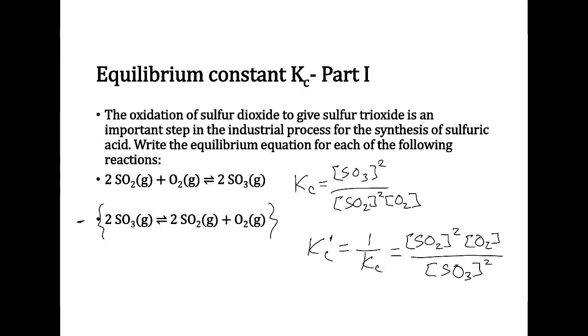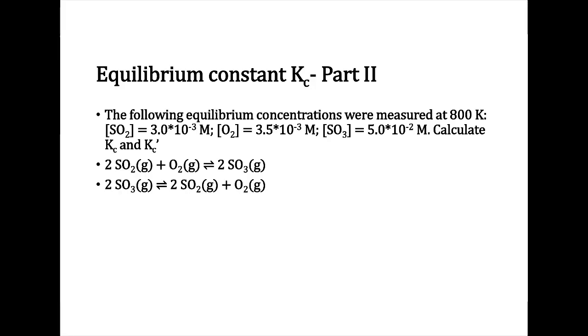Alright, the next thing we want to do is solve for this with some equilibrium values. So these are equilibrium concentrations. You want to take note whether it says equilibrium, because if it says initial, then we're going to have to do something else, and we'll figure that out in a little bit. But we want to make sure that it says equilibrium.